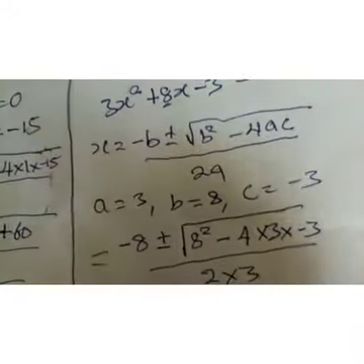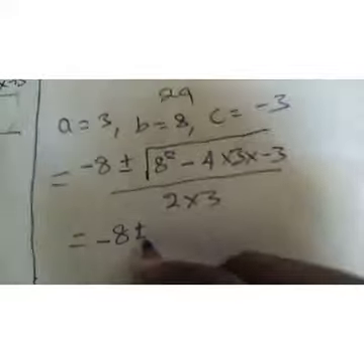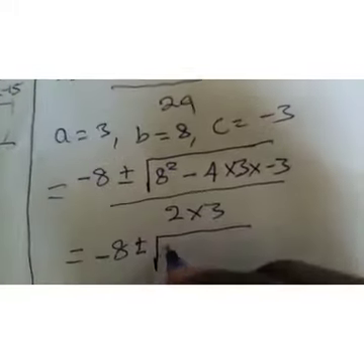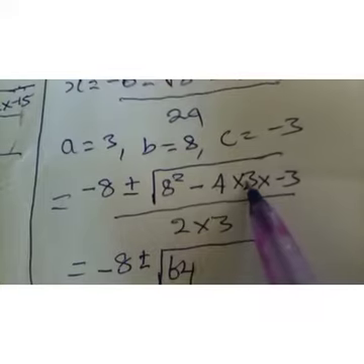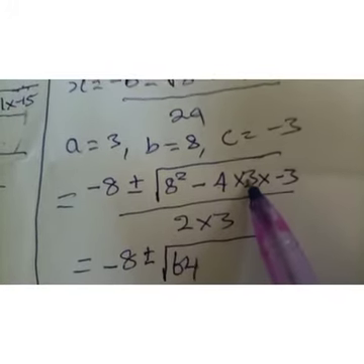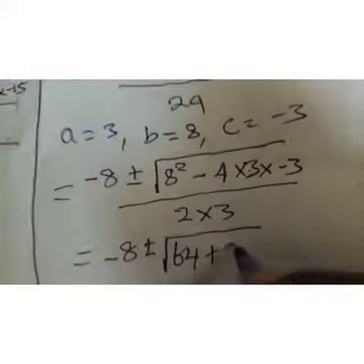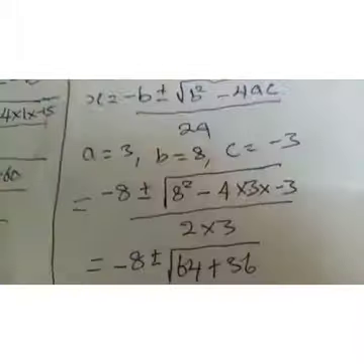Here now it will be negative 8 plus and minus square root of 8 squared is 64, and negative 4 times 3 is negative 12, and negative 12 times negative 3 gives us positive 36 all over 6.